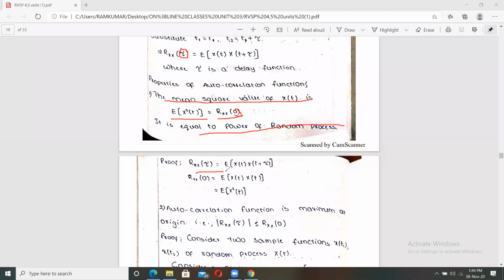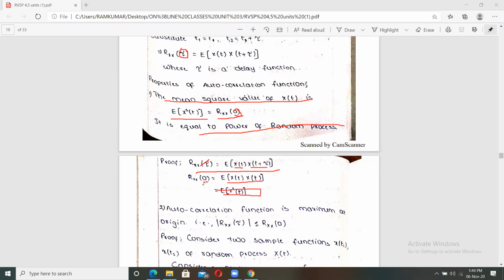This is the formula for autocorrelation function. R suffix double x of tau equals E of x of t into x of t plus tau. Now substitute tau is equal to 0 here. Then R suffix double x of tau becomes R suffix double x of 0, and E of x of t into x of t, which is nothing but E of x square of t.